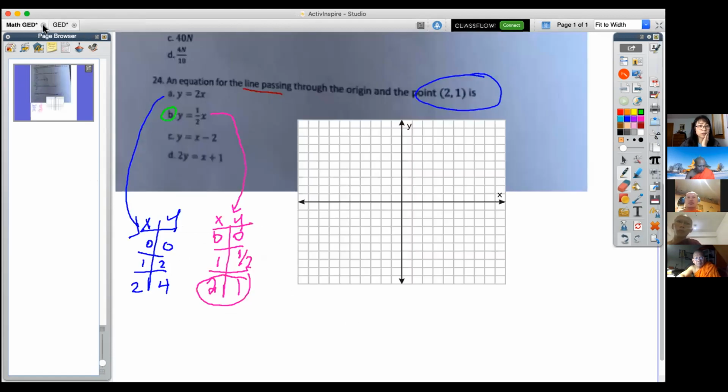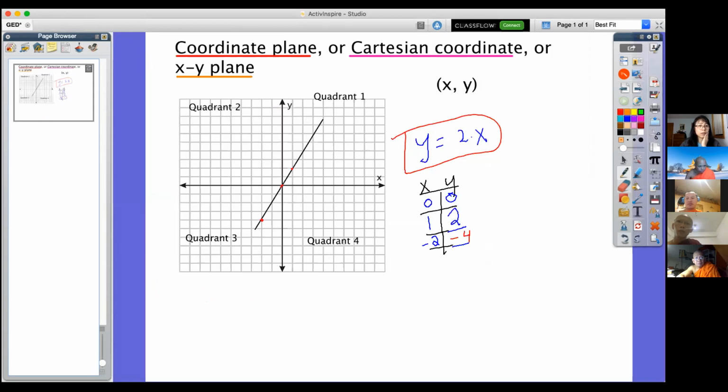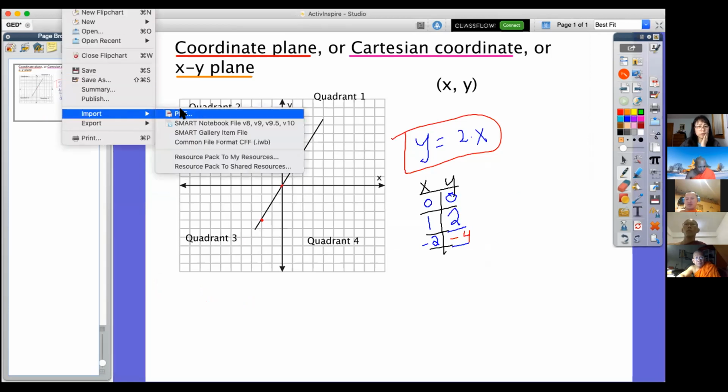I will close that one, no save. And I will import this one.